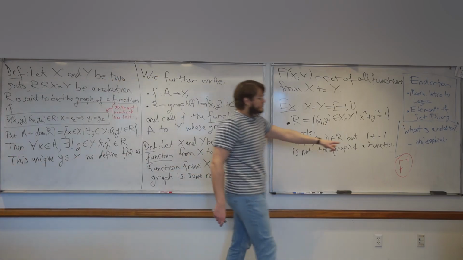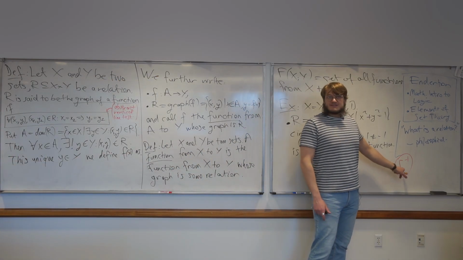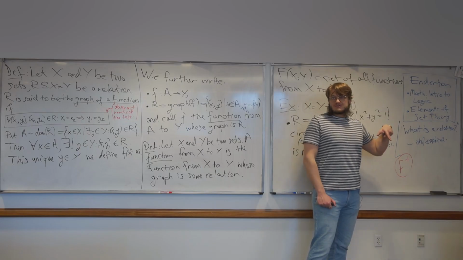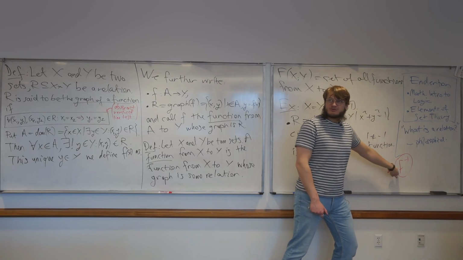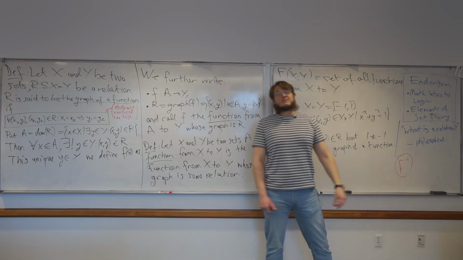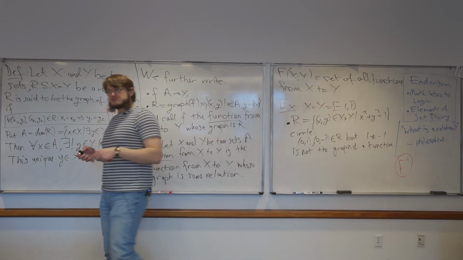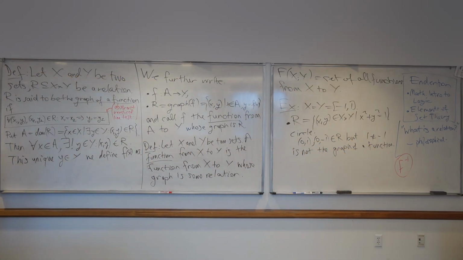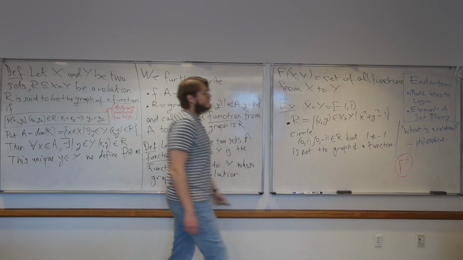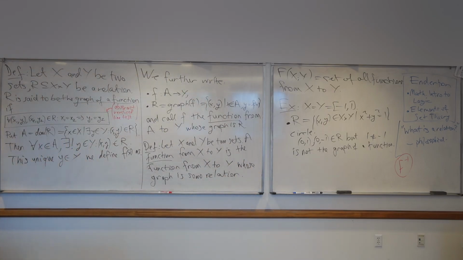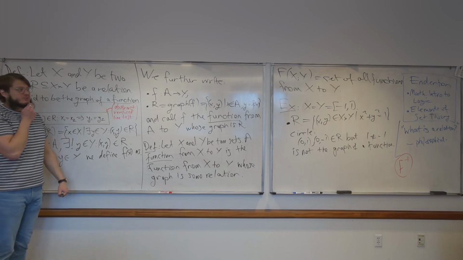Just because we're writing this does not mean that this f is an invertible function. Sometimes this is going to stand for the inverse of the function, sometimes it's going to stand for what is called the pre-image. I'm mentioning that in a second. We'll get there later. So that's an example of a relation that fails to be the graph of a function.